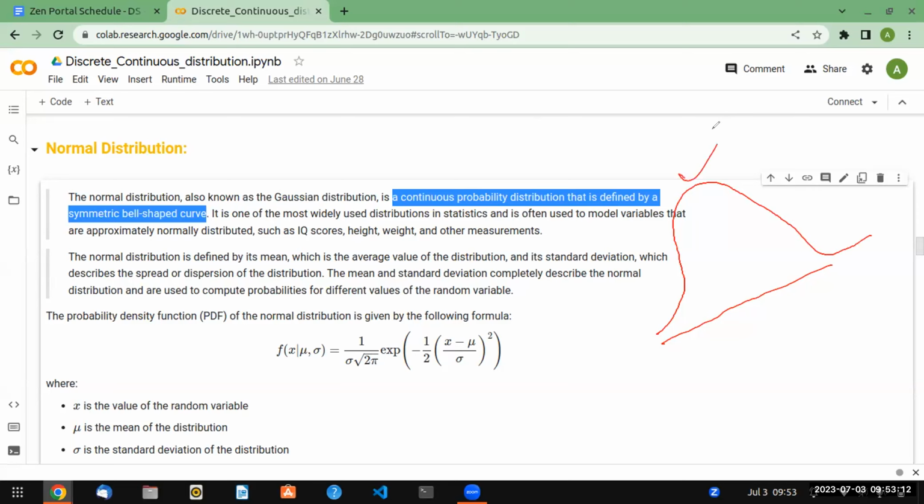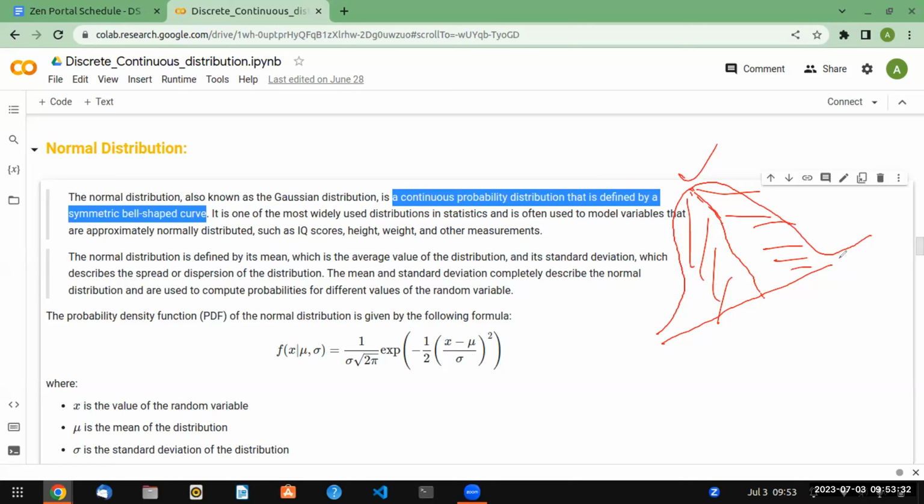Symmetric, but here not symmetric, guys, forget my drawing, but consider symmetric. Symmetric means what? This side and this side look the same, but here in my drawing it is not looking the same. But yeah, symmetric bell-shaped curve.